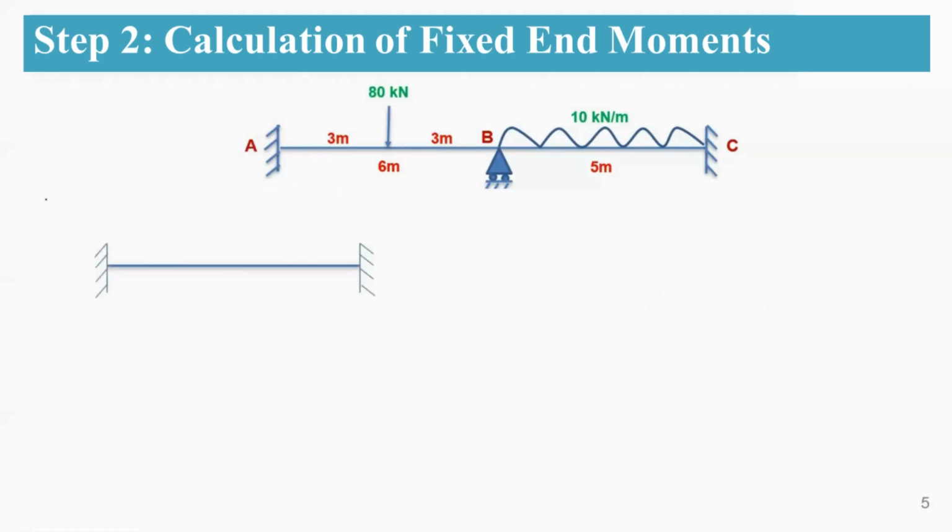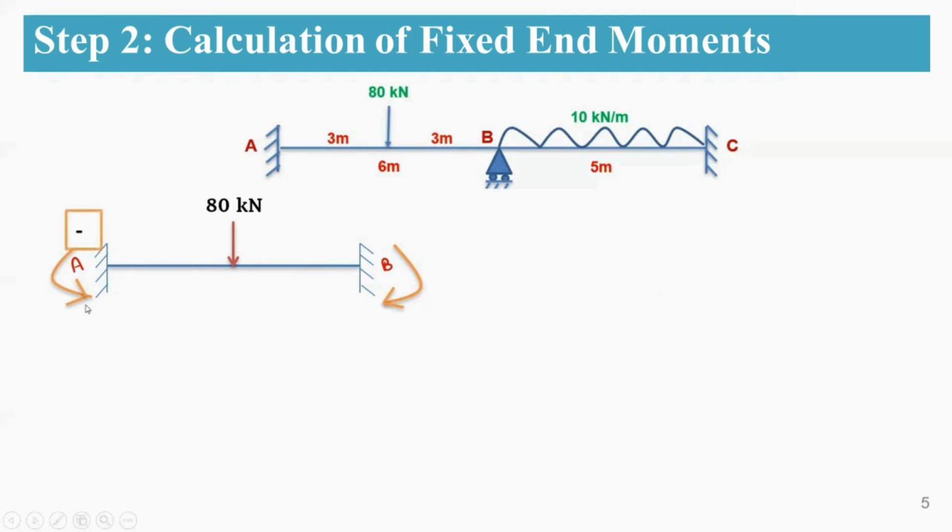Here you can see that this is the AB beam. For this AB beam, we are considering both ends to be fixed ends, and here the point load of 80 kilonewton is applied. When we apply the 80 kilonewton load, you are going to have fixed end moments in the hogging direction. So this is the hogging direction at A and B.